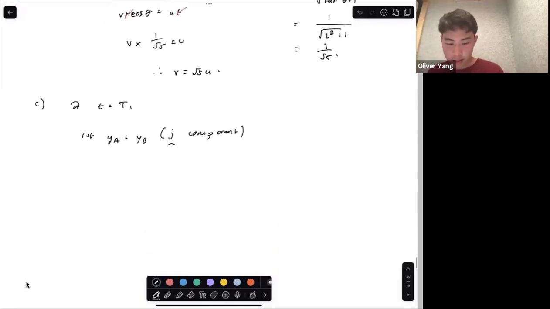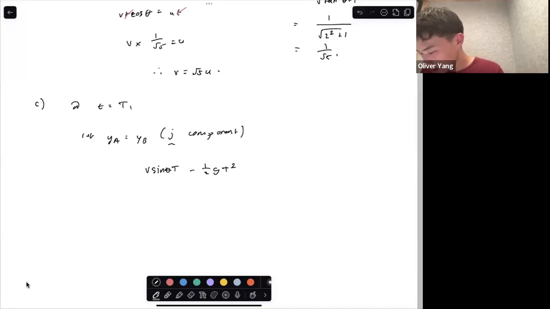So we'll do v sine theta t minus half gt squared equals h minus half gt squared. These two cancel out. We're left with v sine theta t equals h.